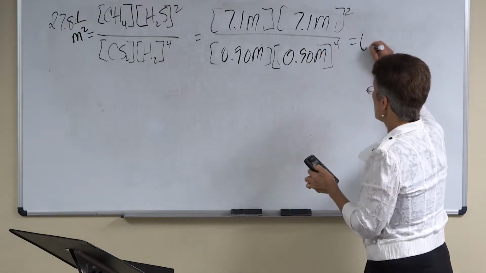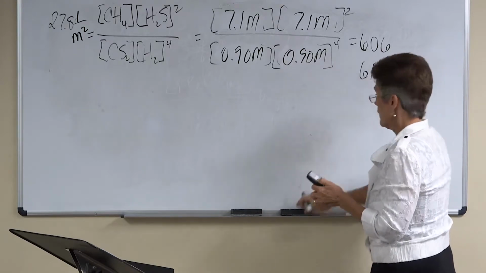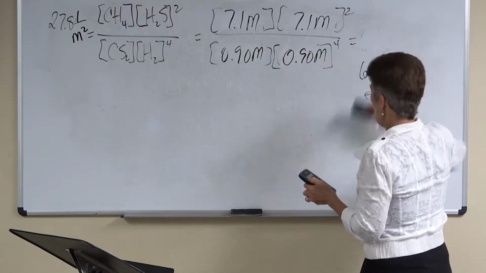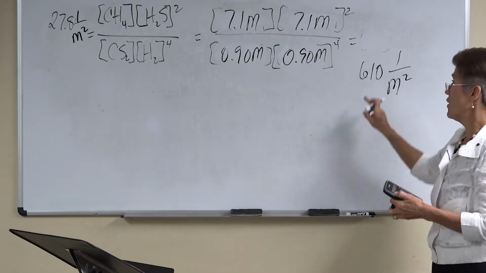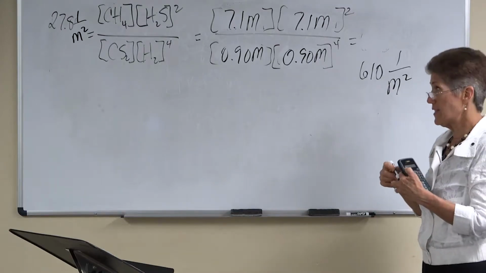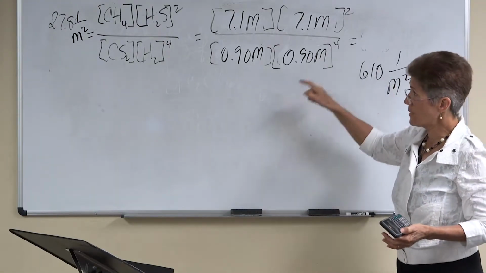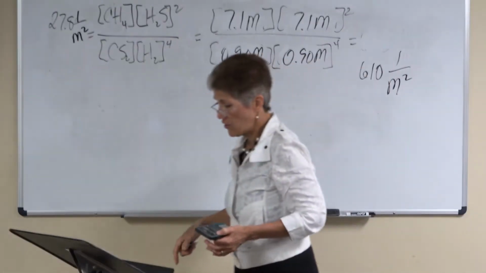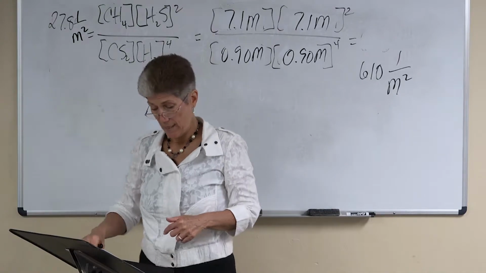My answer comes out as 606, so I'm going to call that 610. And once again, that will be 1 over molar squared. That is a lot larger than 27.8, and therefore this is definitely weighted too heavily toward the product side. So we're going to push this back toward the reactant side to try to bring it to equilibrium. So shift it back to the reactants to try to get it back here.